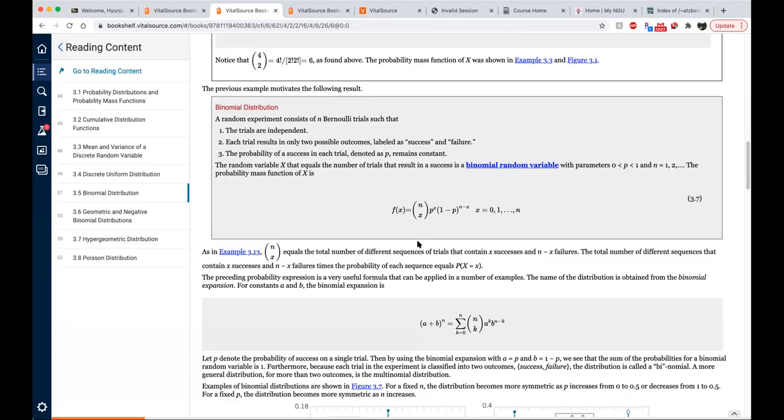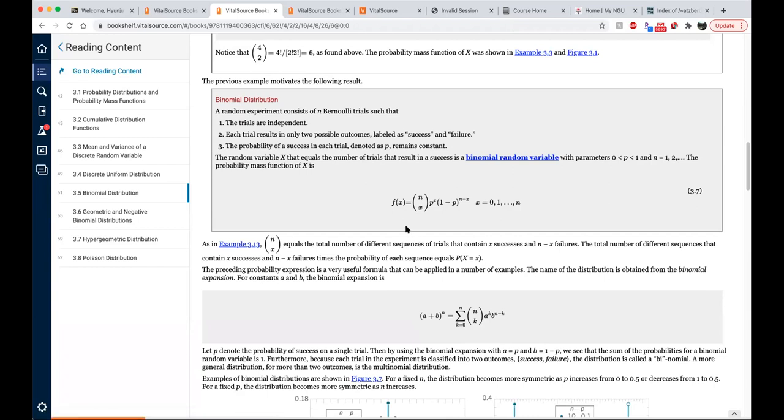All right, back to the textbook. We saw the probability mass function of the binomial distribution, right? Let's take a look at this one. Again, the definition of the PMF of the binomial distribution is this.